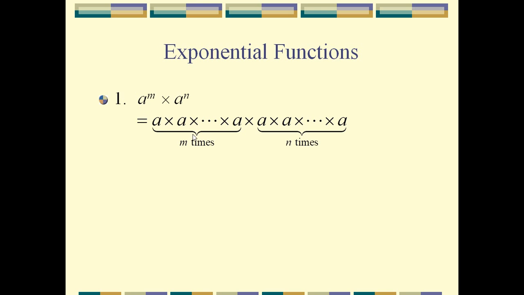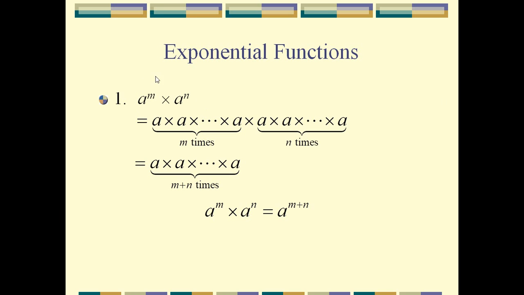Now if you are sure that these two have the same base, then according to the definition, the first expression a to the power m is a multiplied by itself m times, and then you multiply the next term, a with n times. Totally, you can just multiply the a by m plus n times. By the definition of the index, it's just equal to a to the power m plus n.